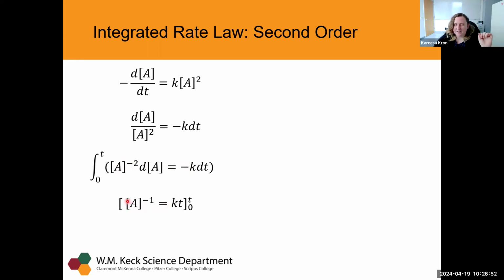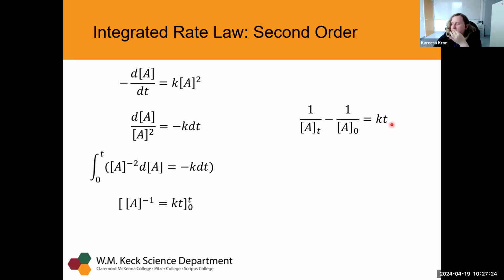So now we have A to the negative 1 equals k dt. And this integrates the same way as before. dt turns into t. And then we have to evaluate it over our limits from 0 to t. So when we do this, we get 1 over [A]t, which is the same as [A]t to the negative 1, minus 1 over the initial concentration, is going to equal kt minus the invisible k times 0, like always.